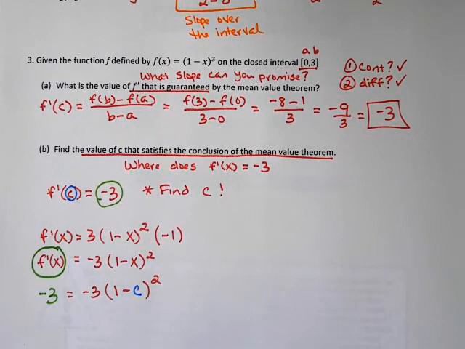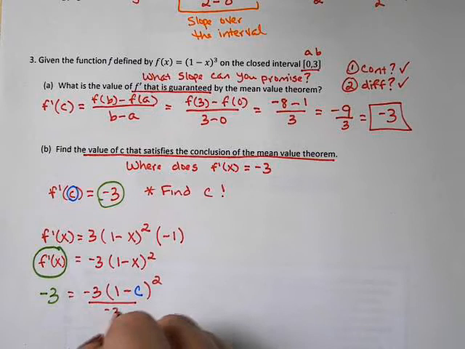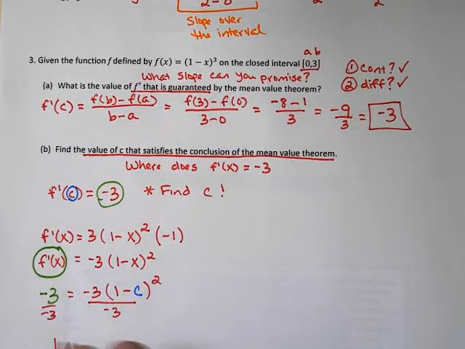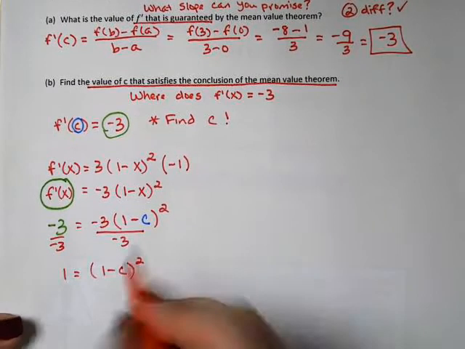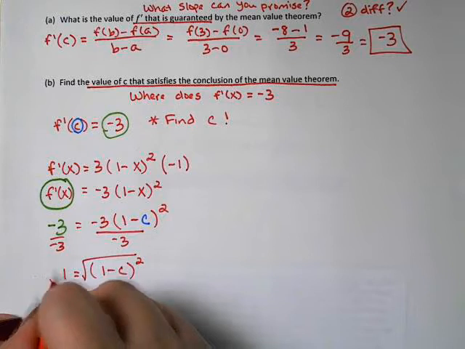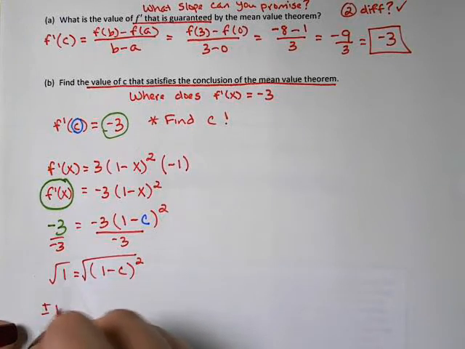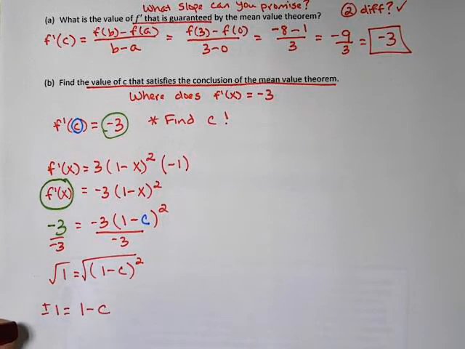Now I just need to solve for c. So if I divide both sides by -3, I would get 1 equals 1 minus c to the second power. Then I can take the square root of both sides. So I would get plus or minus 1 equals 1 minus c.